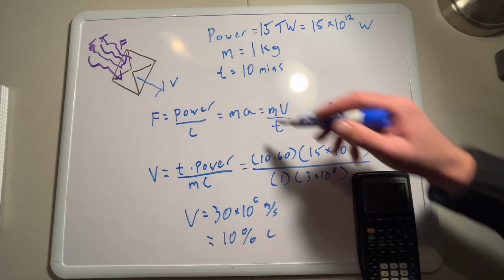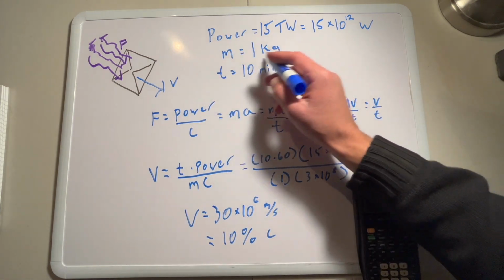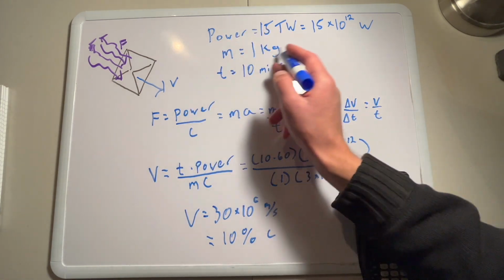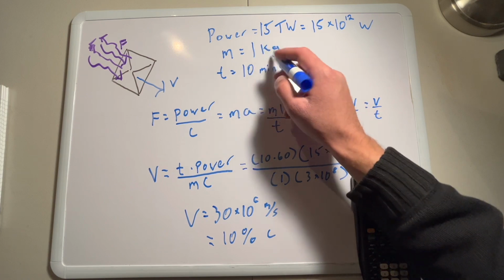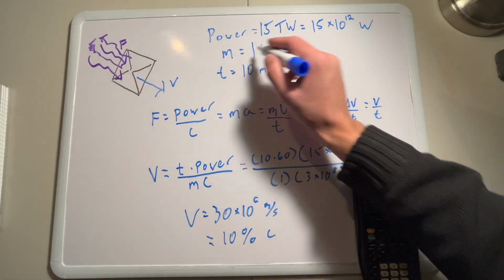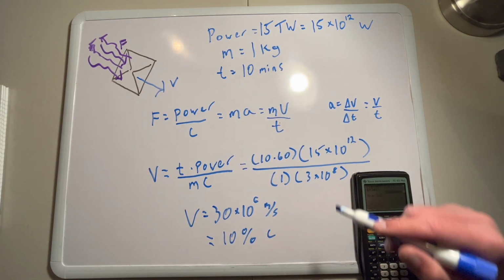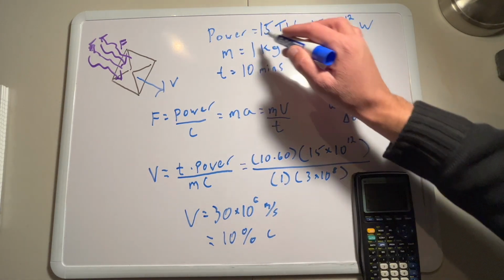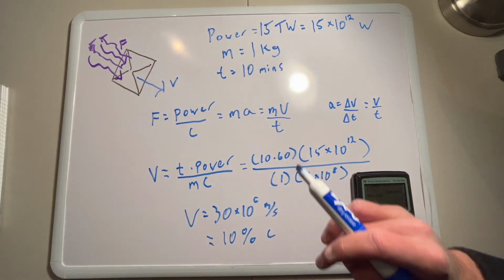And also they don't need such a powerful laser, because they're hoping to bring down the mass even below. They're hoping to get it down to about 1 gram, so 1,000 times less than the mass that we used here. So then you don't need quite as much power imparted on the solar sail.